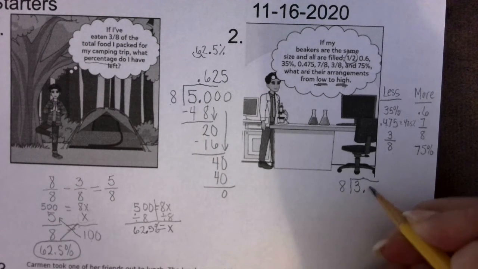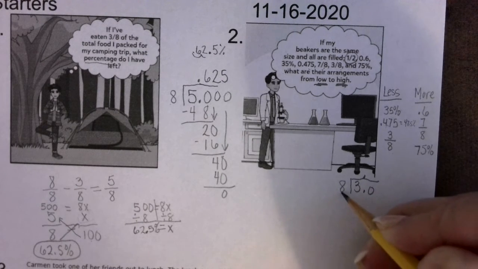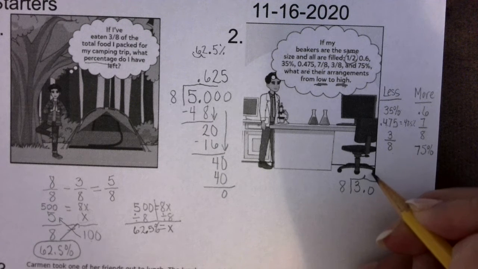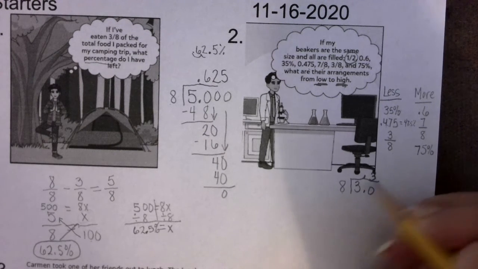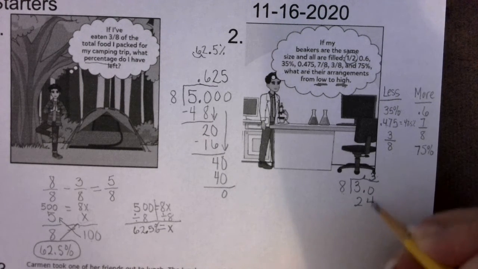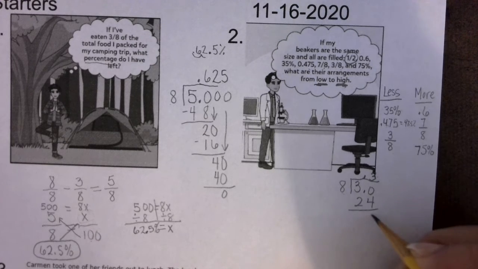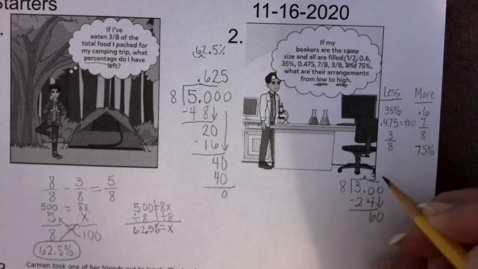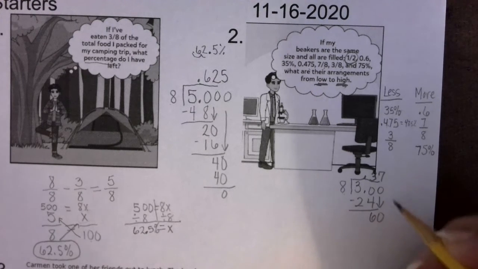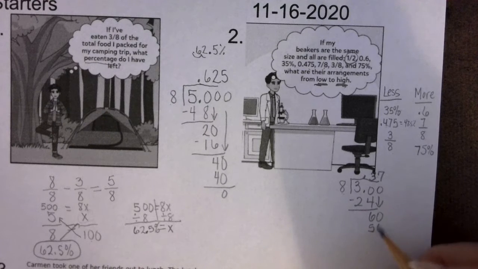I would add in my decimal. 8 goes into 30 3 times. 3 times 8 is 24. 30 minus 24 is 6. And so 8 goes into 60 7 times. 7 times 8 is 56. 60 minus 56 is 4.